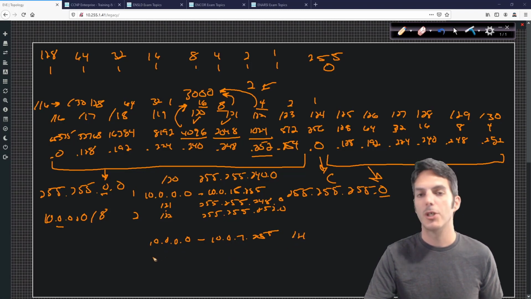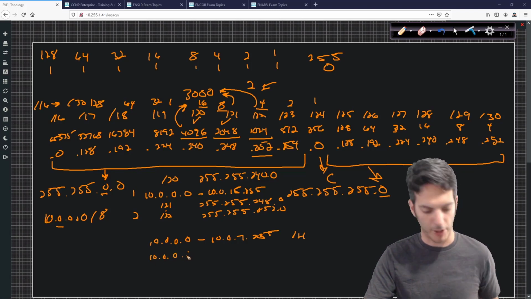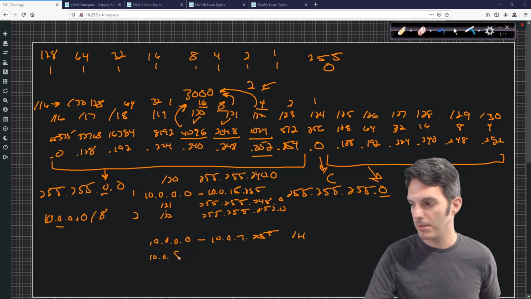Your /22 range is going to be a 4 range, which means that you're going to be able to start off at 10.0.8.0 through 10.0.11.255.